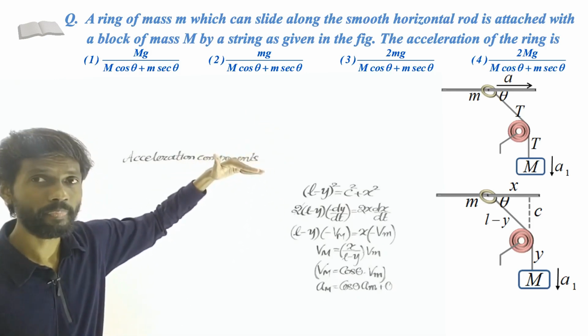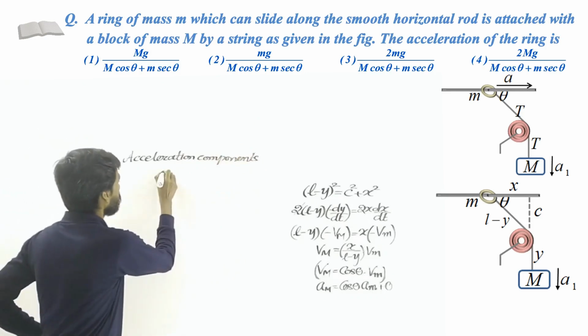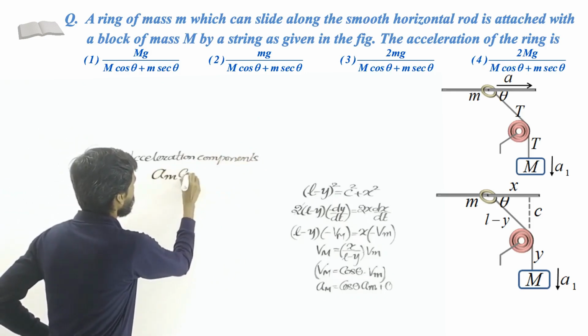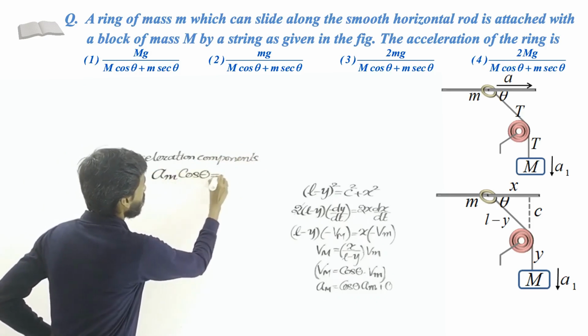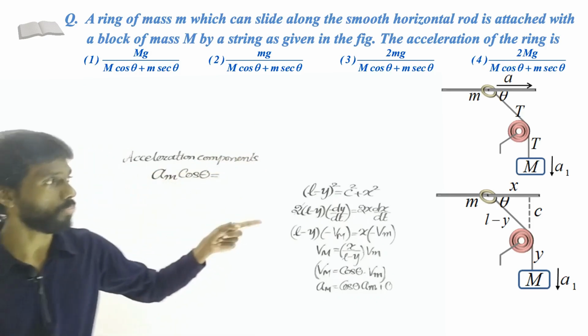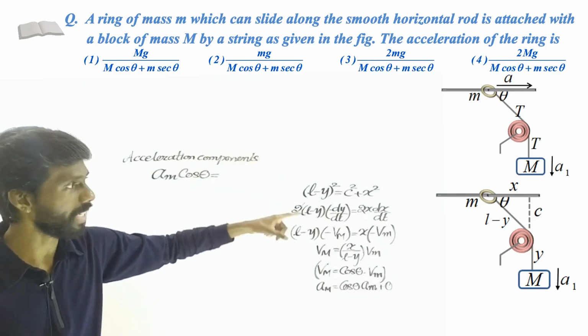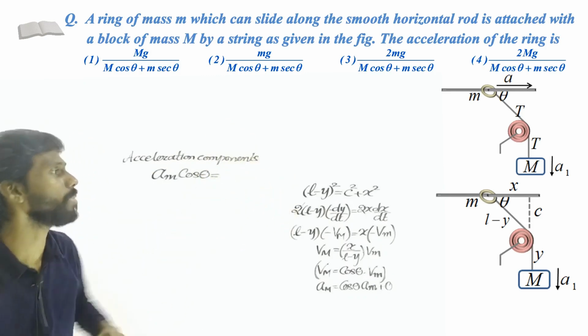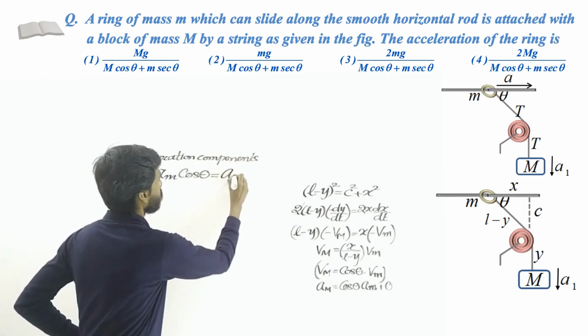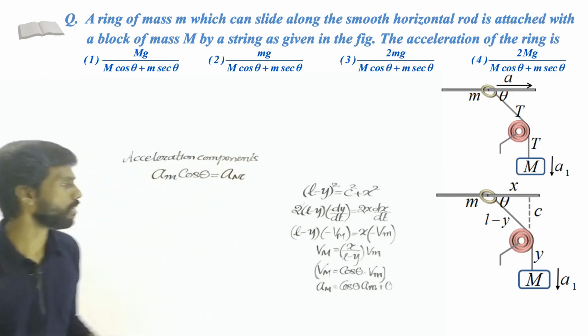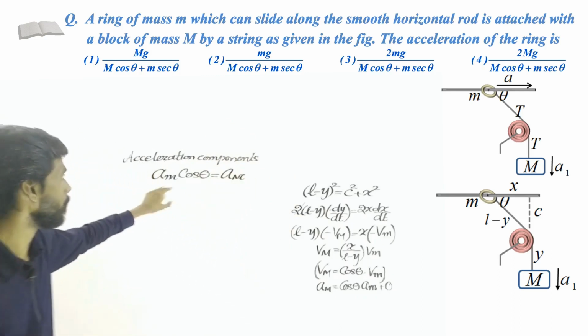That is am cos theta. That must be equal to the acceleration component of the block, which is along the string only, so that is AM itself. So that is the relation between the accelerations: AM equals cos theta multiplied by am.